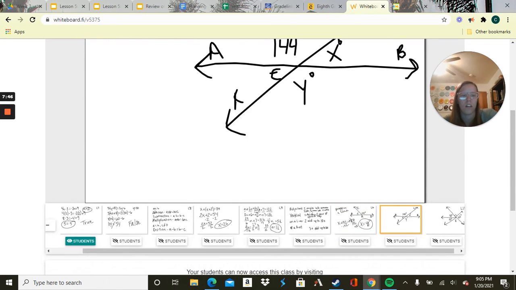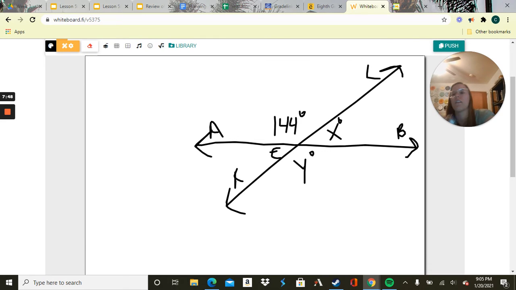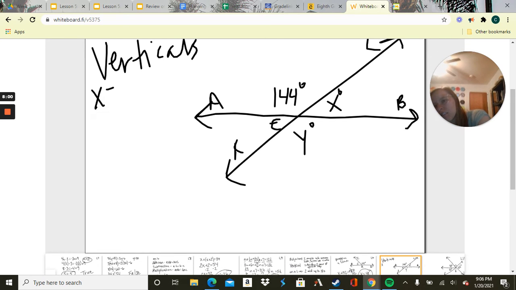Okay, another one. Here we have vertical angles. 2 angles that form two opposite rays. So we have 2 opposites here, 2 opposites here. So we're looking to find x and y. We know that they're opposite angles. That means that x and y both add up to 180, but also 144 and x do. So if 144 plus x gets you 180, y must also be 144 if y also gets you to 180.